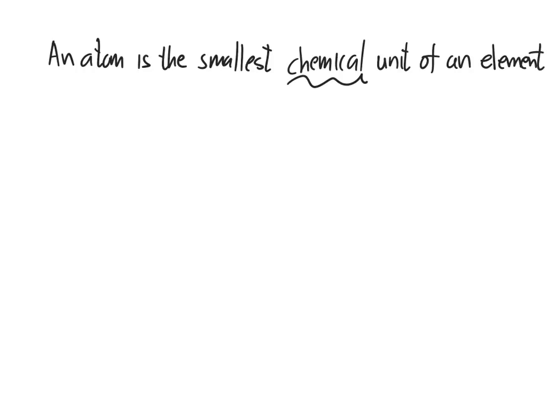Now, there are a few terms here that we need to explain. So, firstly, the concept of chemical, and then the concept of an element. For the time being, the word chemical, I would like you to associate with chemical reactions, where the nucleus, as we will refer to just now in the atom, does not change.